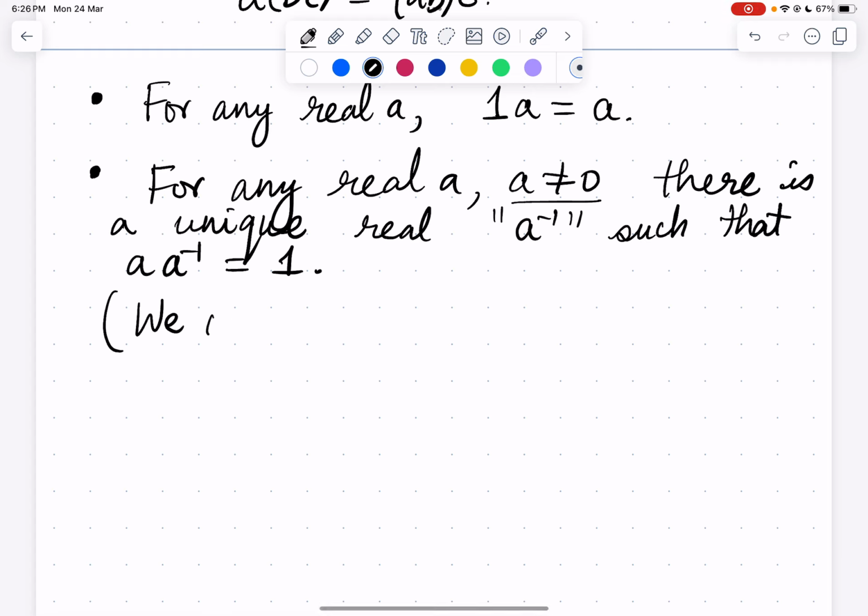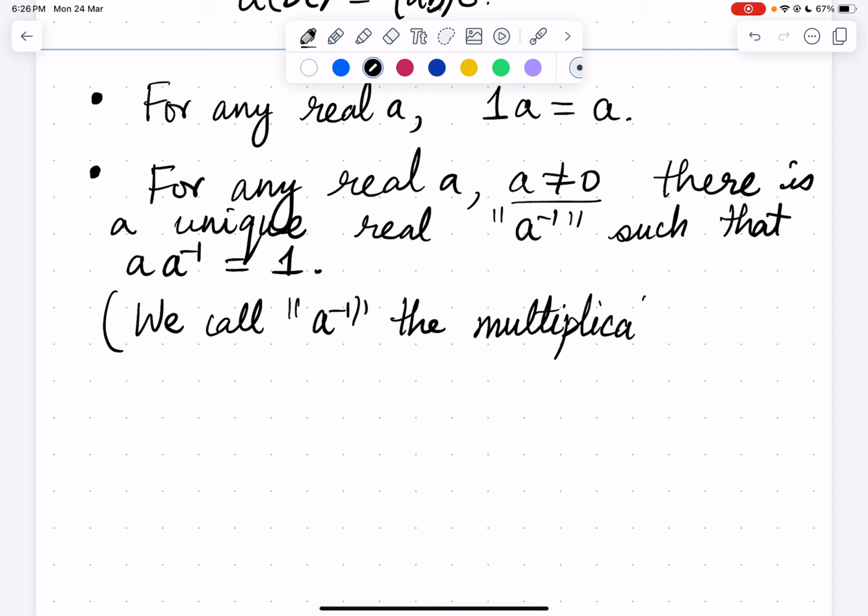So we call A inverse the multiplicative inverse of A. There we had additive inverses. Here we have multiplicative inverses. Multiplicative inverse of A. Right.